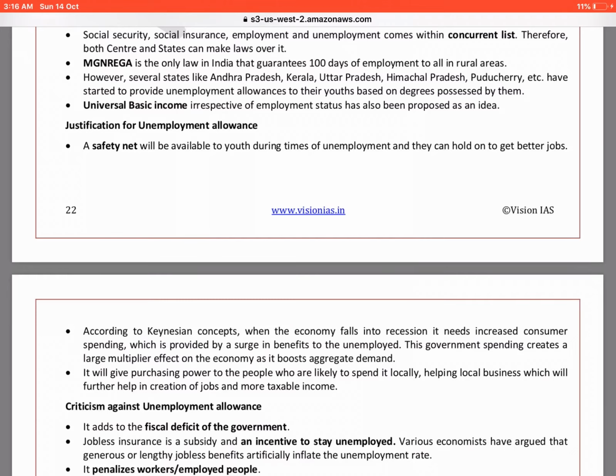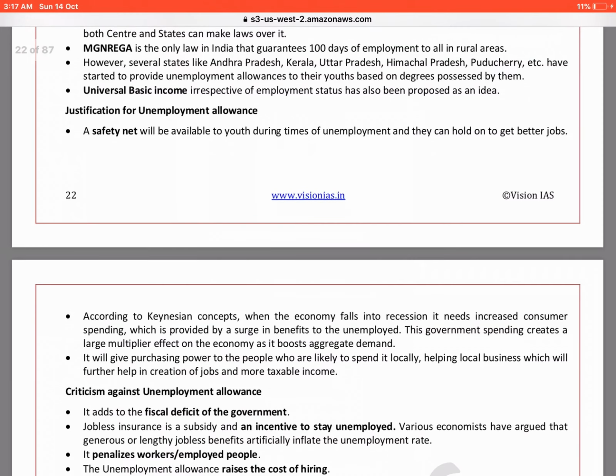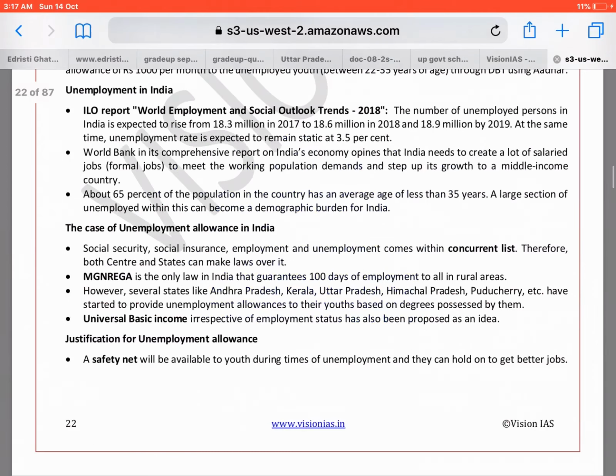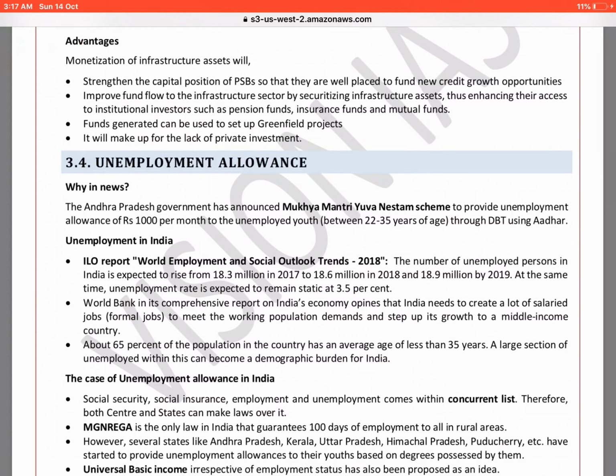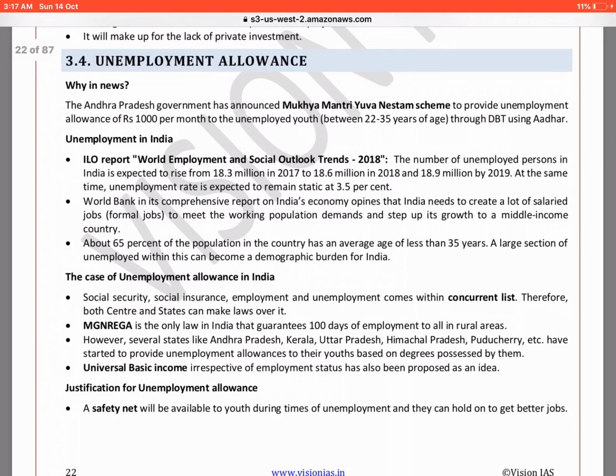Universal basic income was something that was proposed in Economic Survey 2016-17. The whole chapter there was on the pros and cons of universal basic income. But I think you must also analyze this: if they are given an allowance of rupees 1000, they may not be given other benefits, like health benefits and the benefits they get under the Food Security Act.